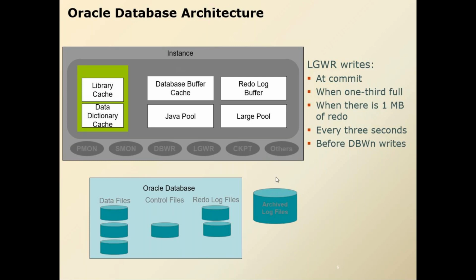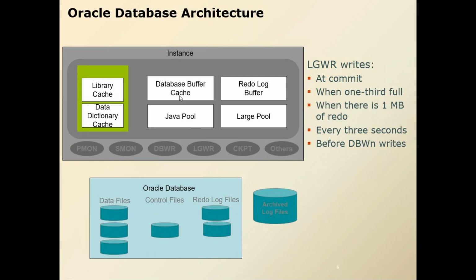Now, how do these redo log files get the data, or how do these data files get the data? Suppose you executed an update statement on a table and updated a record. When you updated a record, it goes from the data file to the database buffer cache. Now when you update a record, it becomes a dirty buffer.